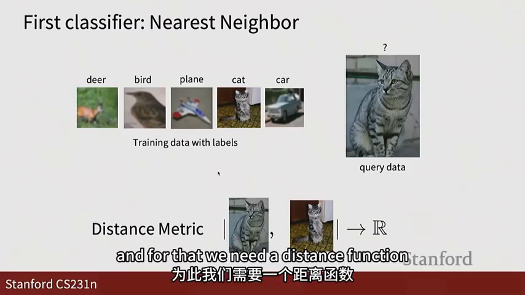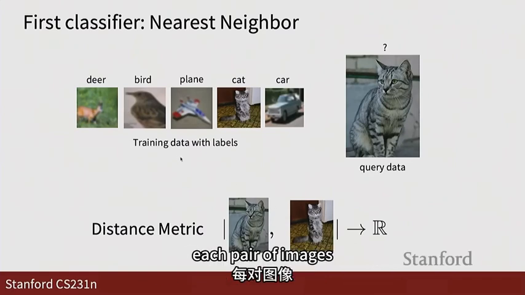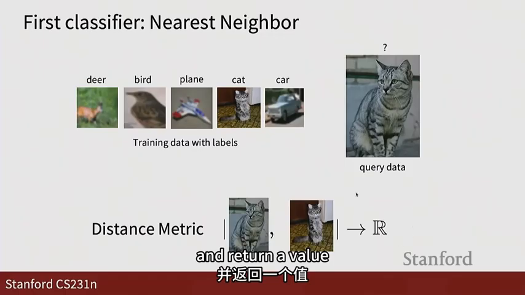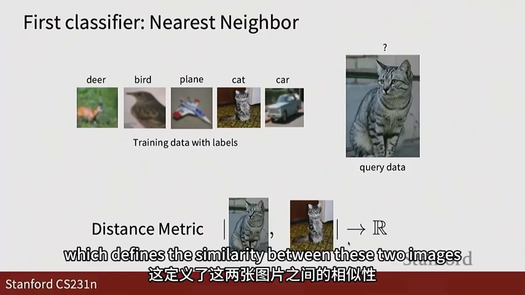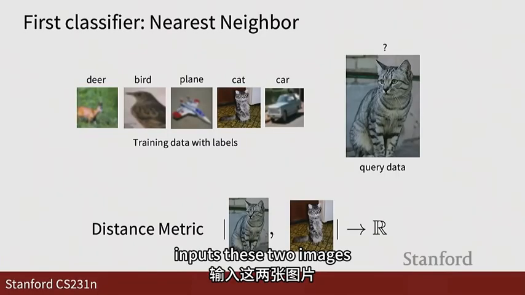And for that, we need a distance function. This distance function needs to take each pair of images, each of these images compared to the query image, and return a value which defines the similarity between these 2 images.